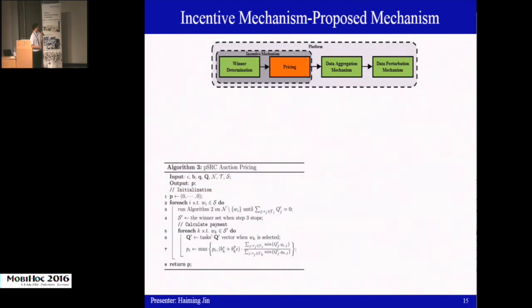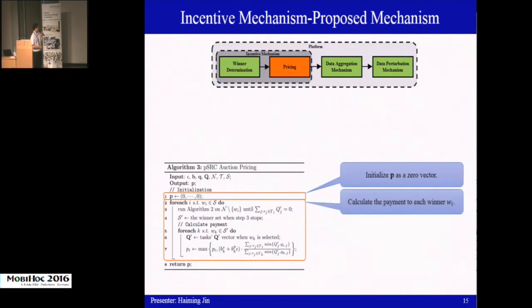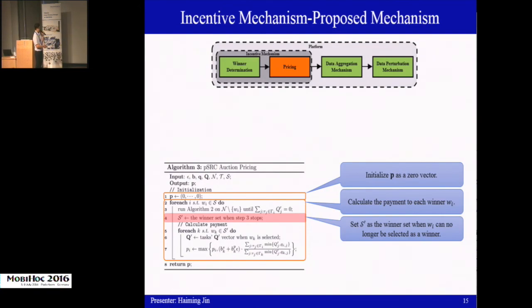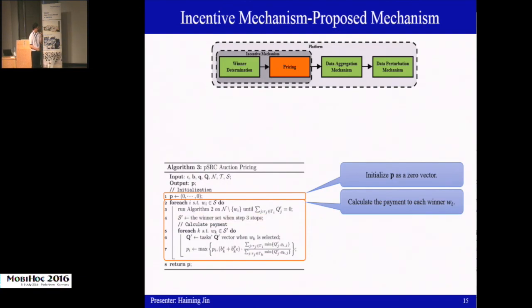So in our pricing mechanism, we'll first initialize the price vector as a zero vector, and then we calculate the payment to each winner WI. During the calculation, we first run the winner selection algorithm without this specific winner WI, and then we set the winner set as prime when this winner WI can no longer be selected as a winner.